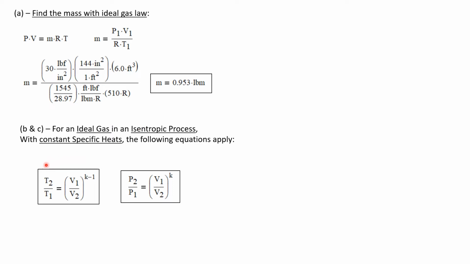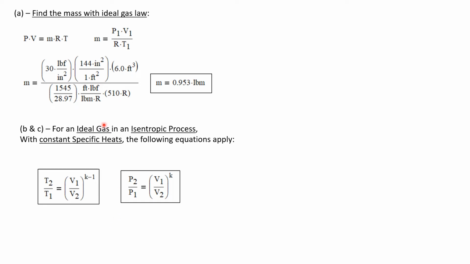Now, in thermodynamic textbooks, many relationships are given for different particular situations. And we have a very particular situation here. We have an ideal gas having constant specific heats for this process involved in an isentropic process. And in your thermodynamic textbook, you will find some relationships that apply to this exact condition.